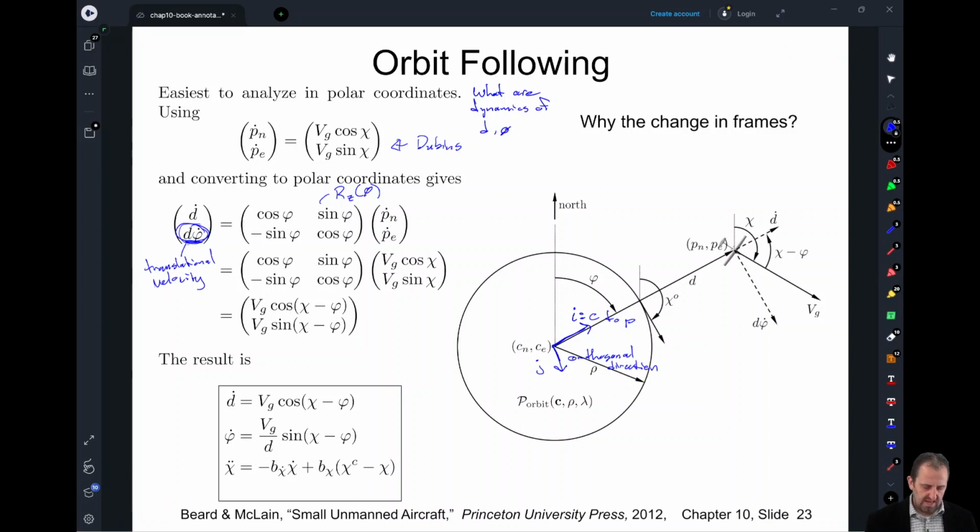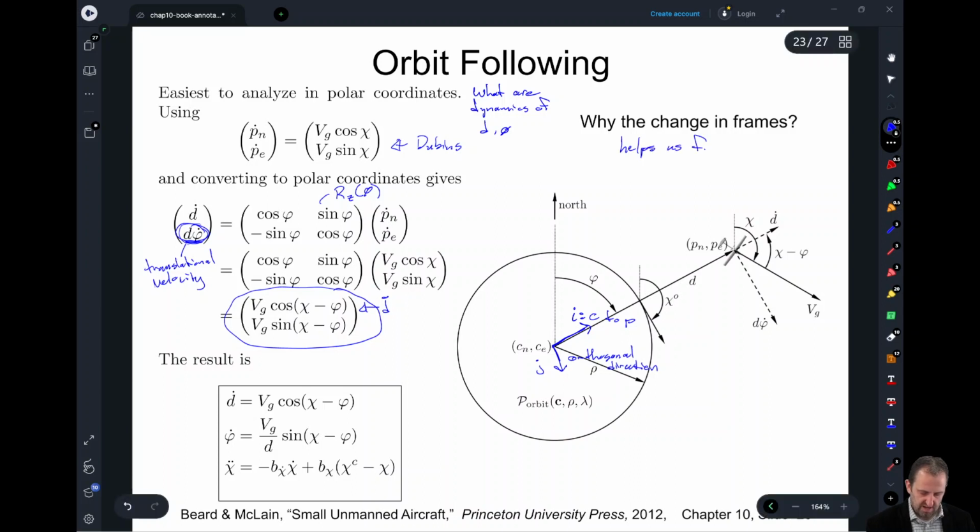Doing the math, we just multiply our translational velocity, we transform it into the new frame. And what we end up with, after some trig, is this nice relationship. The top row is d dot, and this answers the question, why change frames? Because it helps us find d dot, which is really important.